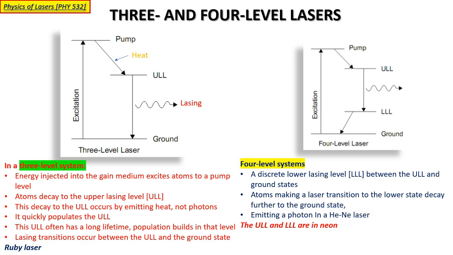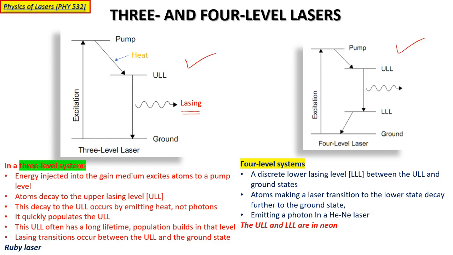Here we have the 3 level laser and here the 4 level laser. In a 3 level laser, this is the ground level, this is the ULL, upper lasing level, this is the pump level, and this one is showing the lasing.